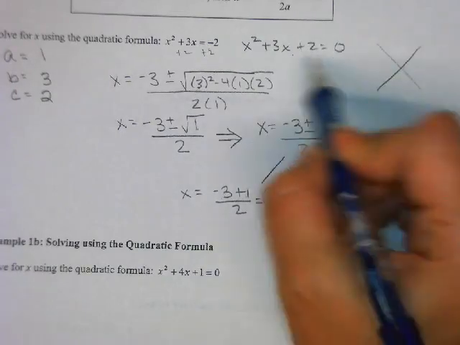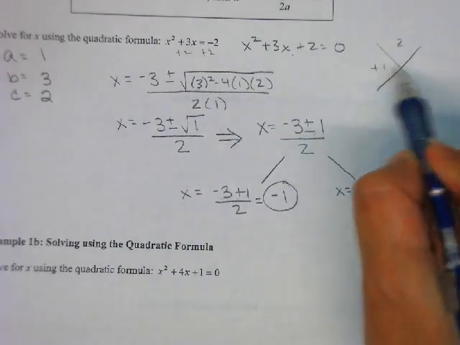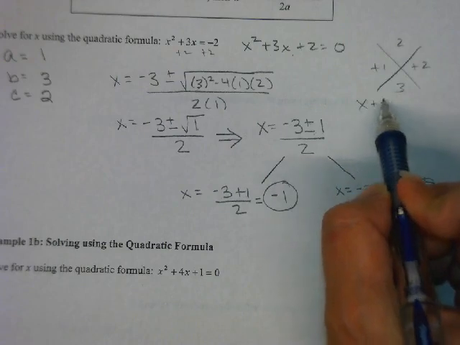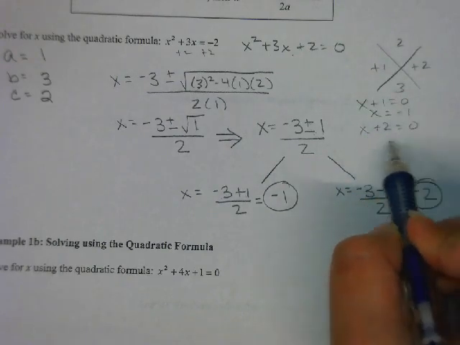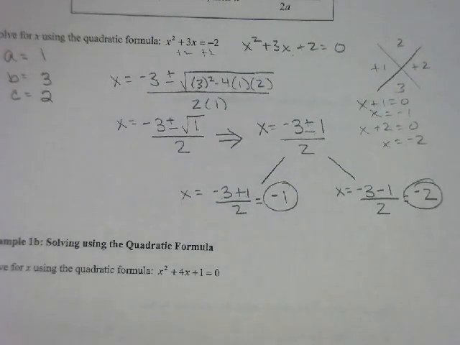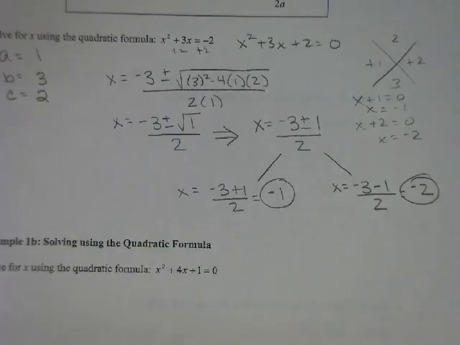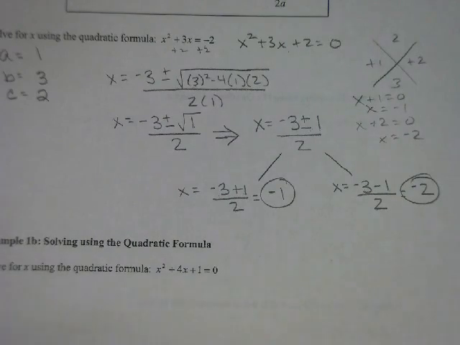I could have very well done the cross puzzle here and said x plus 1 equals 0 and x plus 2 equals 0, and I get x equals negative 1, x equals negative 2. But our purpose is the quadratic formula. But remember the quadratic formula when we talked on Thursday, you can use it for any of them. It's your 100%. Like when we did proportions in 6th and 7th grade, cross multiply divide is your 100%. Okay, the factoring, the completing the square, those are all your shortcuts.